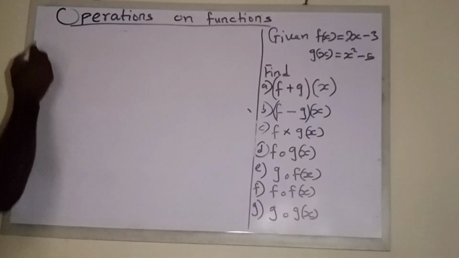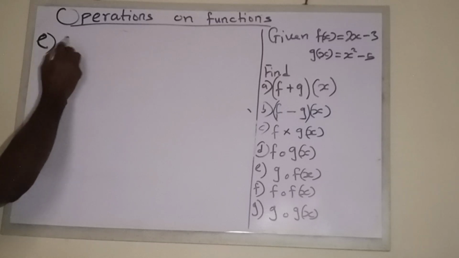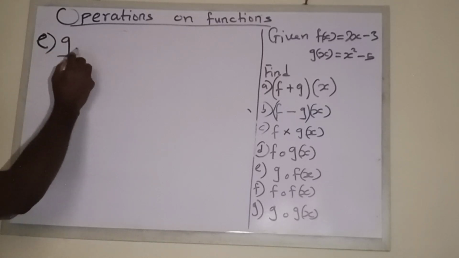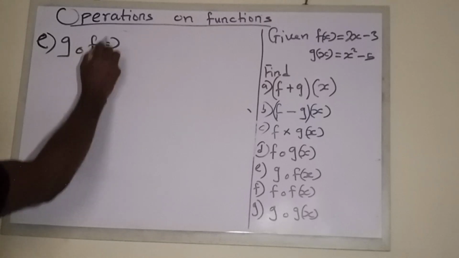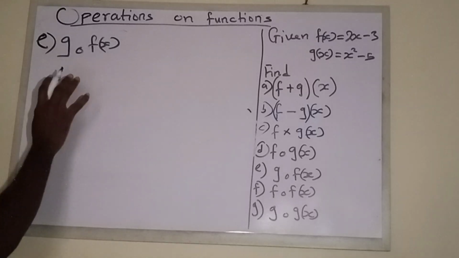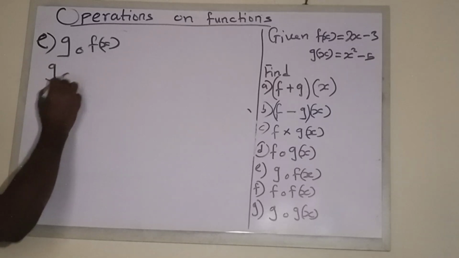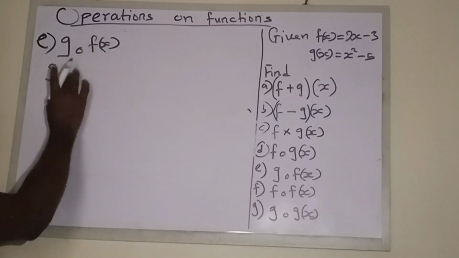So I take the e part. The e says the function of g composite f of x. So now, at this point, let's keep our g at a particular point. G of, what is our f of x?